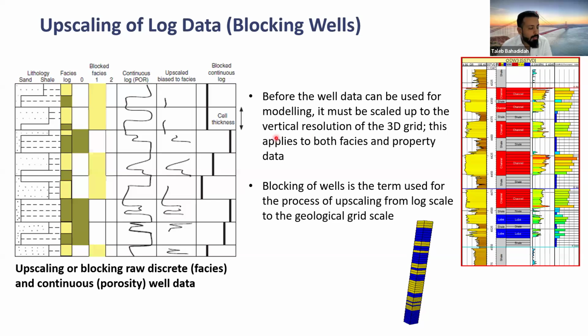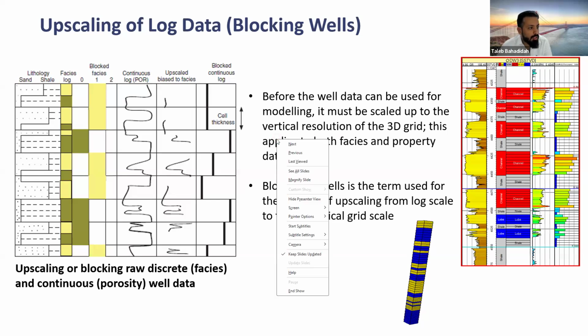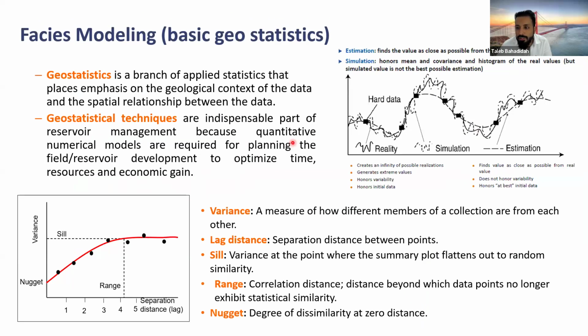One important thing we need to consider is geostatistics. We need a very strong background in geostatistics, because it is applied. We are distributing the facies. Yes, we have the logs, we have the seismic data, we have the core, but we need some tool to distribute this property across the 3D domain.